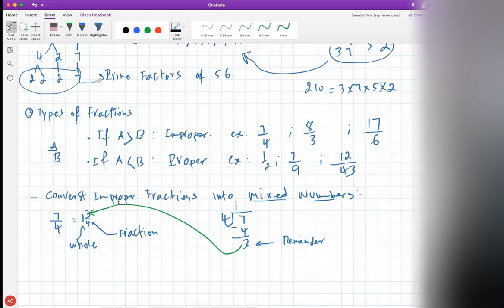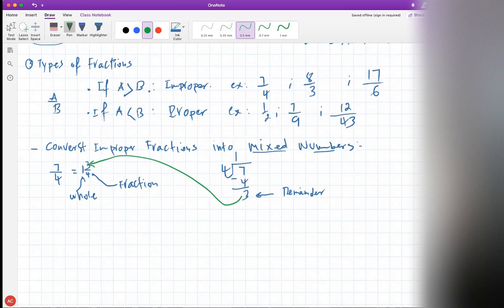In case you were wondering, that's basically what it is. It's pretty simple to convert improper fractions into mixed numbers, especially if the numbers are small. You don't have to do this division. If you have big numbers, then you may do the actual division to find the remainder.